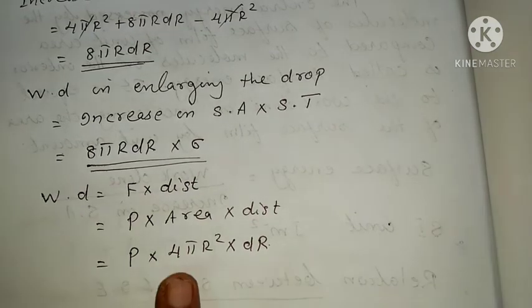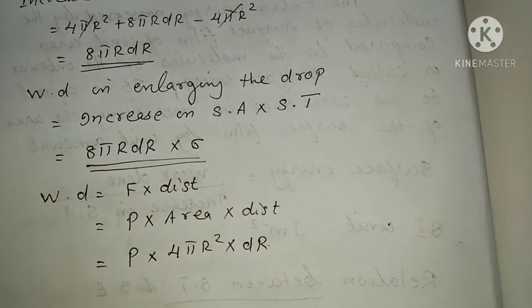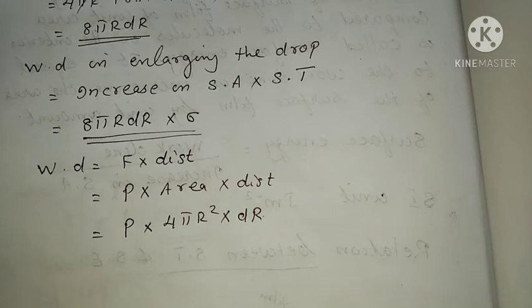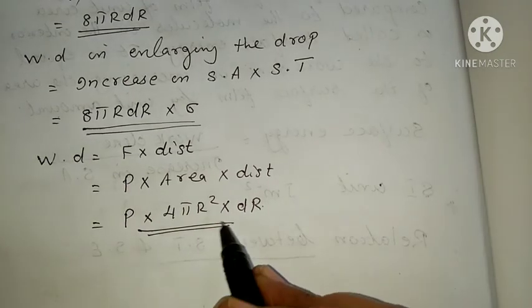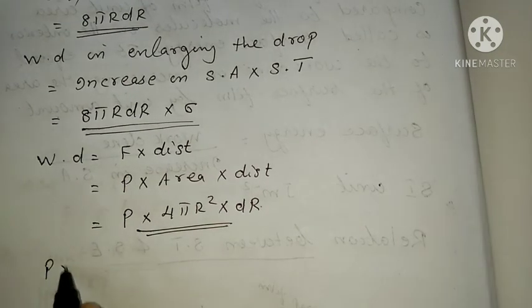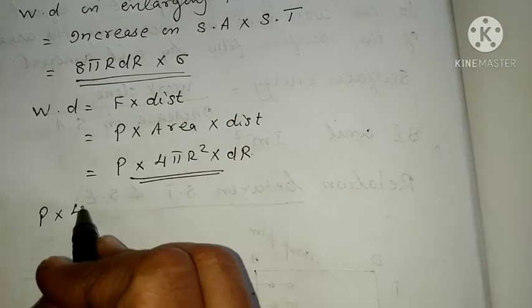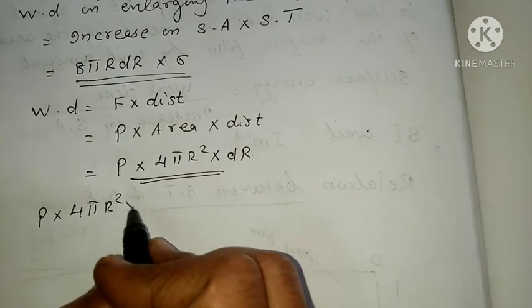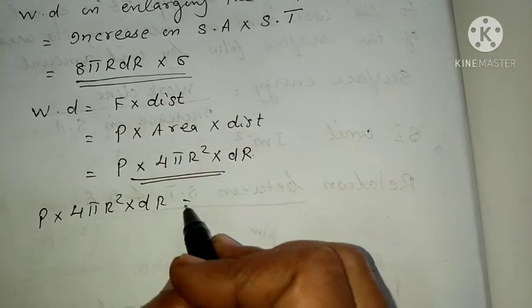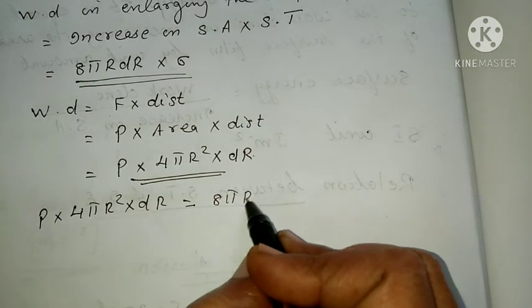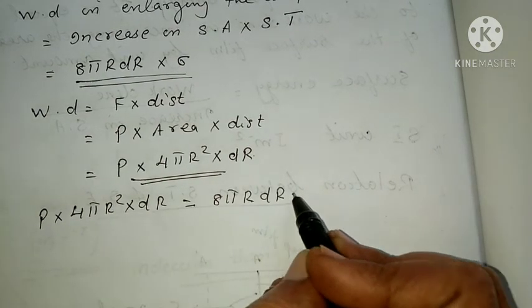So, due to this work done, the area increases. So, we can equate these two work done. So, P into 4 pi r square into dr equals 8 pi r dr sigma.